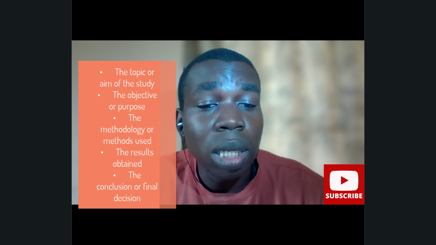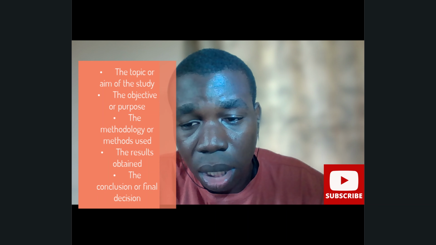Now, with this, you are able to narrow down your key things into five things. First, the topic and aim, then the objective, the methodology, the results, then finally the conclusion or the decision in that paper, right? So this helps you to better read a paper and know what you should watch out for while reading those papers.